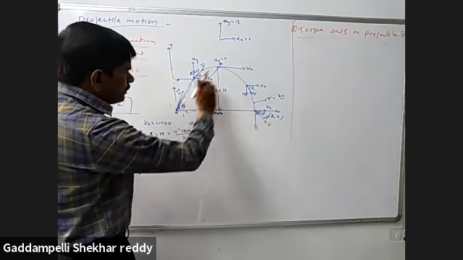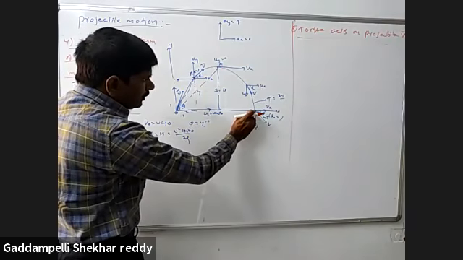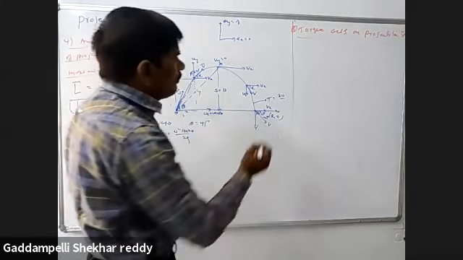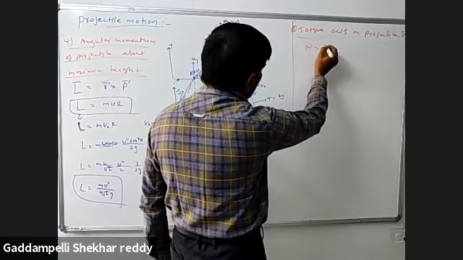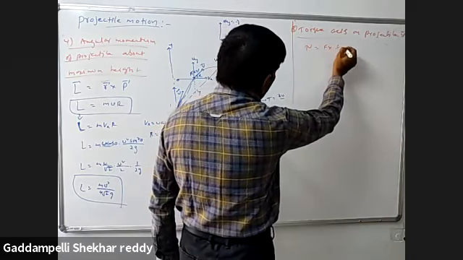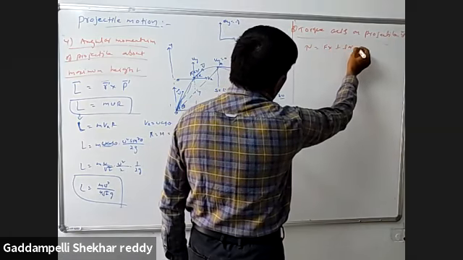If the projectile travels along this direction, finally to reach this point, we know that torque is equal to force into perpendicular distance.